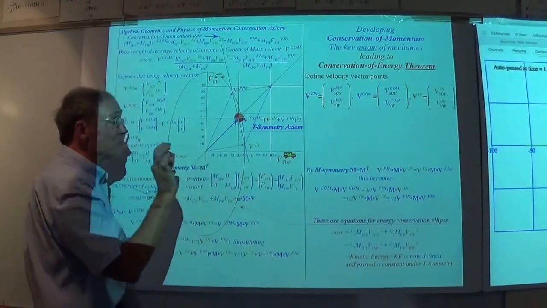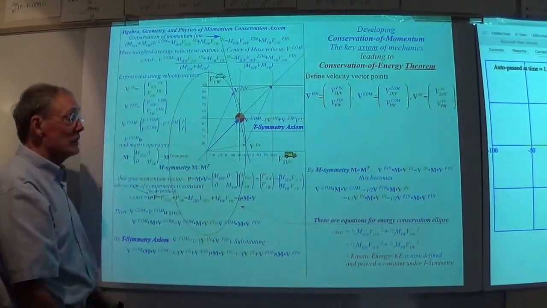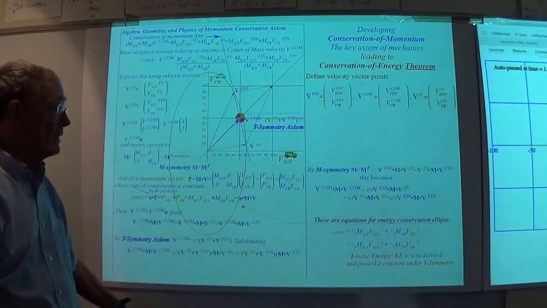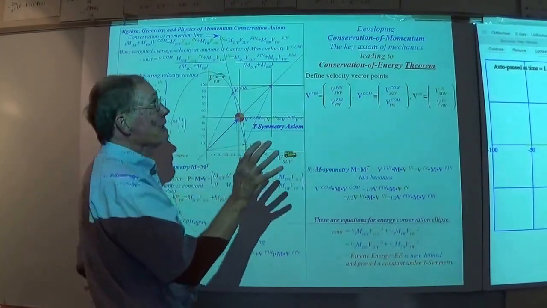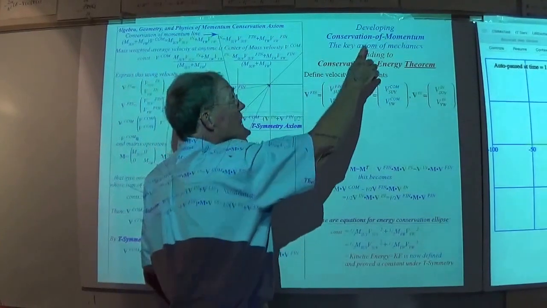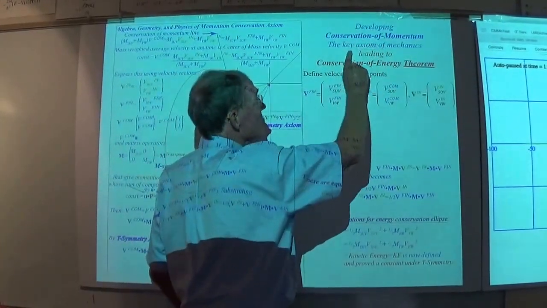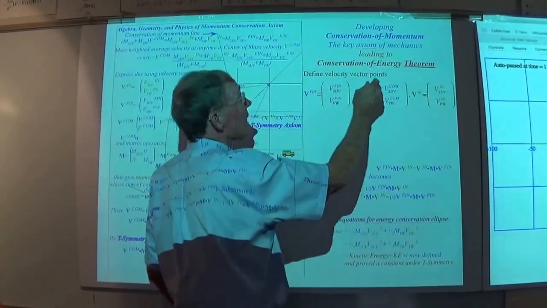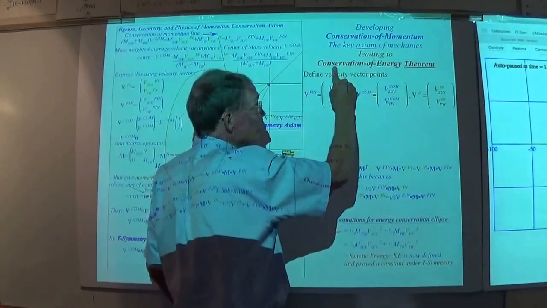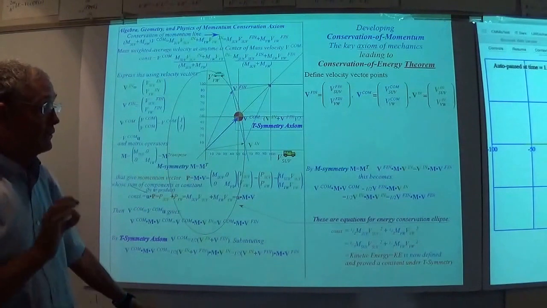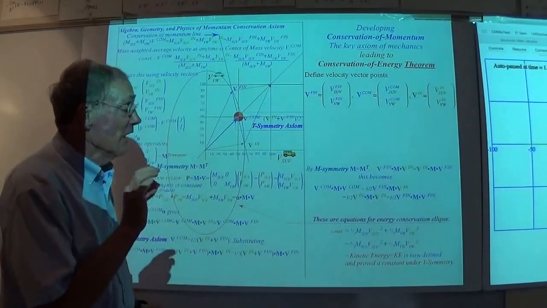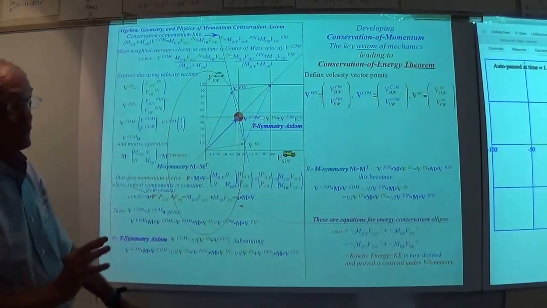But we had to have time symmetry in order to get that. So this is, I think, a really important key part of mechanics, to realize the conservation of momentum is a key axiom, and with time reversal leading to the conservation of energy theorem. You don't have to have an energy axiom. It's a result.